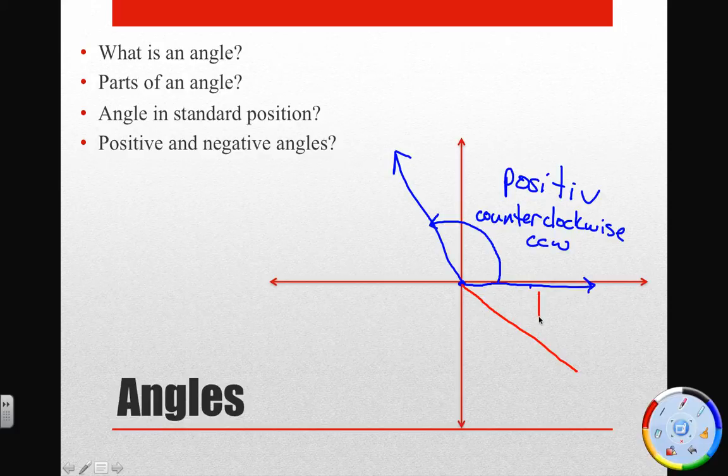If we were to measure this direction, clockwise, this is a negative angle. So measuring clockwise is negative. All right, so that's pretty basic. Initial side on the positive x-axis. Positive angles measure counterclockwise, and negative angles you measure clockwise.